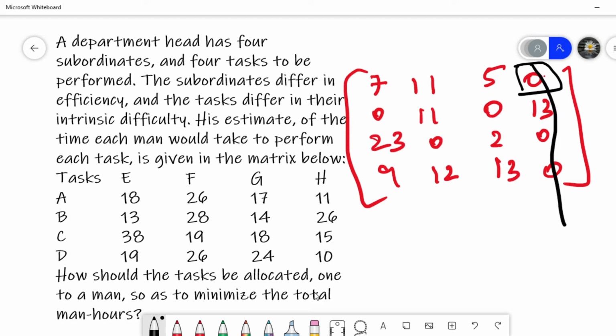Next, in the second row, we have two zeros, so I skip that row. Then in the third row, we have only one 0, because the other 0 is already covered. I draw a circle around that 0 and draw the vertical line passing through that 0.